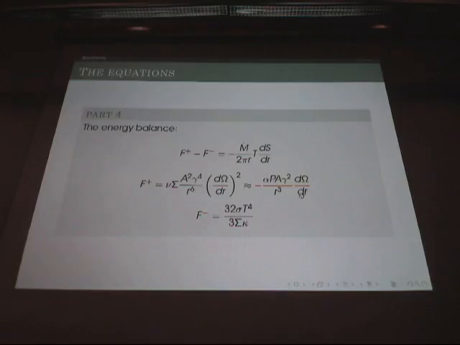And let me now entertain you with some animations showing the influence of various parameters of the system on various profiles. So first let us look at the dependence of the radial velocity of the disk versus mass accretion rate.